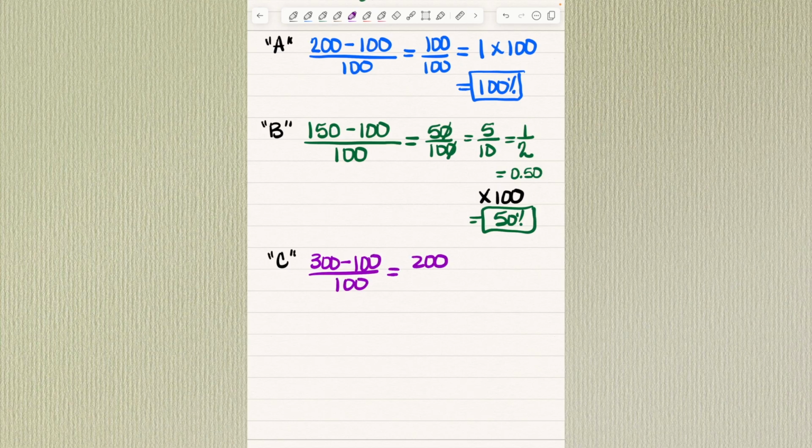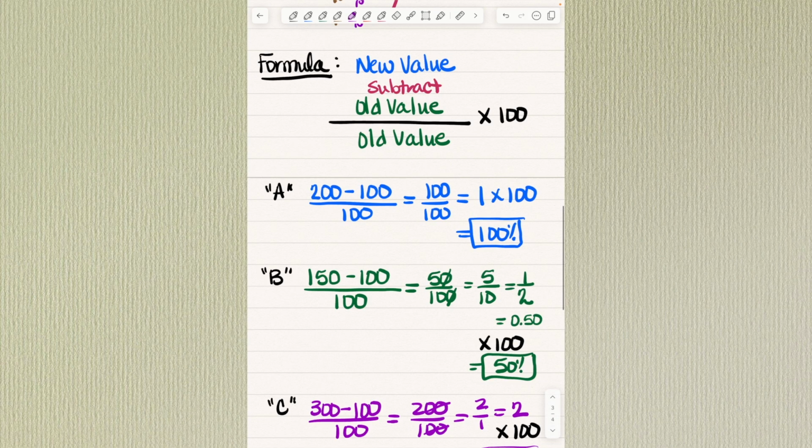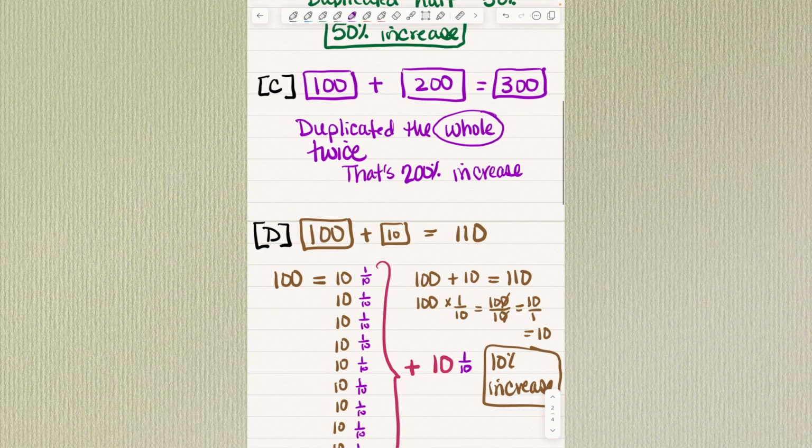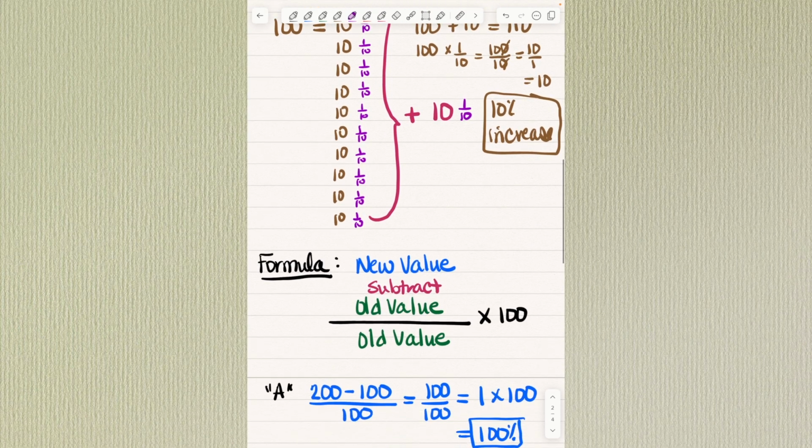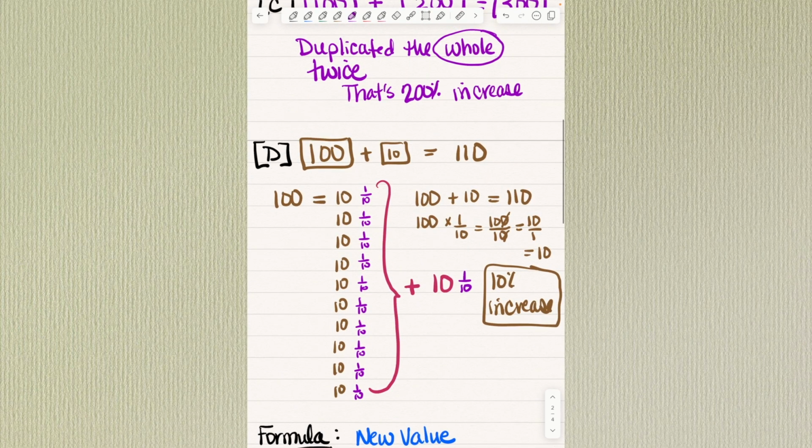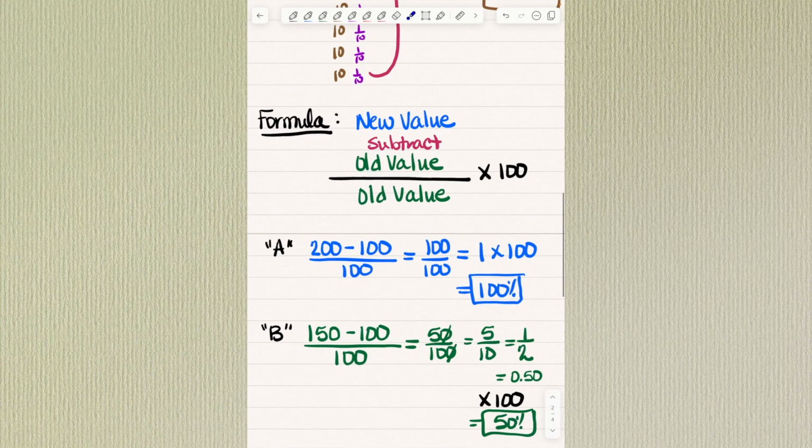That's 200 divided by 100, which is 2 divided by 1, which is 2. And then we multiply that by 100. That's going to give us 200%. Okay, a 200% increase.